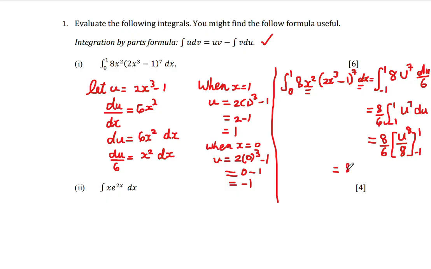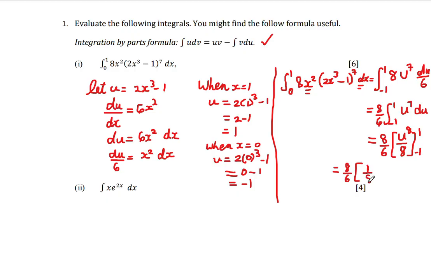So this will give me 8 upon 6 multiplied by, when I substitute the upper limit of 1 for u, I will get 1 raised to the 8th power. 1 raised to any positive power is going to give us 1. So 1 to the 8th power is going to give us 1.